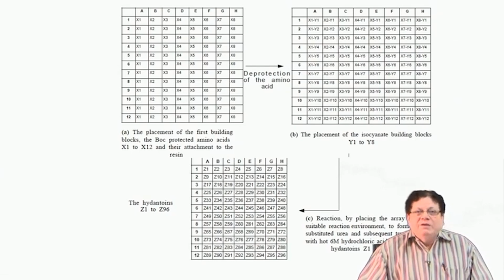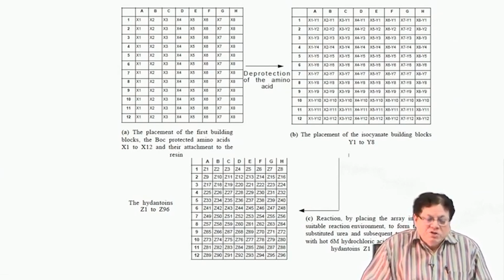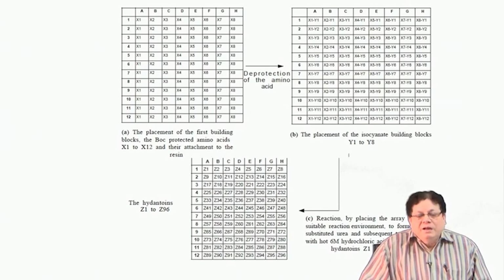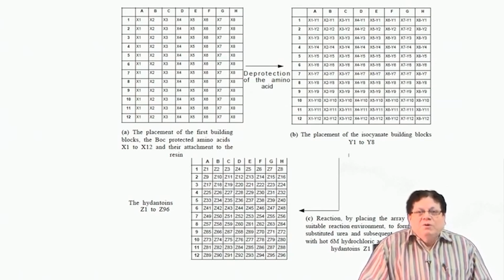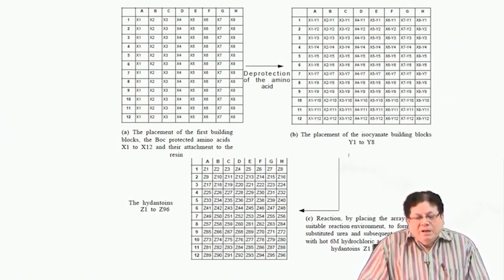Now, because of the advent of high throughput screening, there is a demand that you produce a lot of compounds in a day or two, and get them tested as quickly as possible.